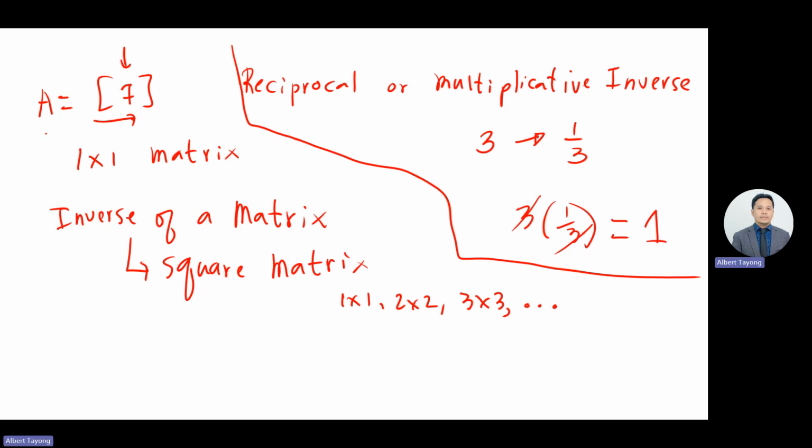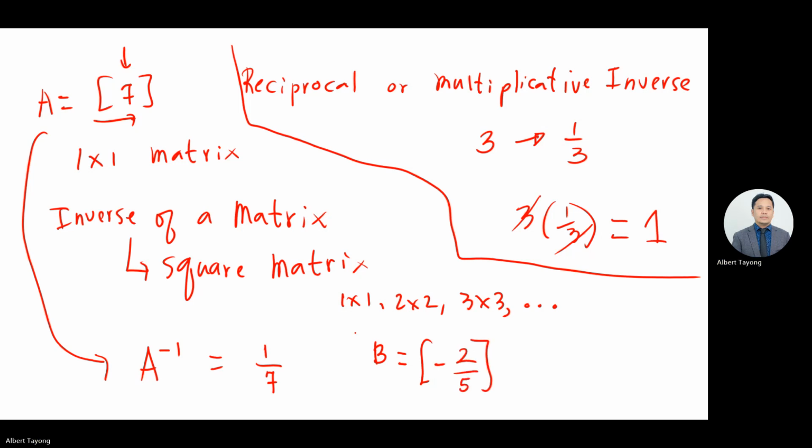Now here, if you're going to find the inverse, A raised to the power of -1, or inverse of A, is equal to 1 over 7, the multiplicative inverse of 7. Now, if B, for example, is equal to -2/5, this is also a 1 by 1 matrix because -2/5 is one value.